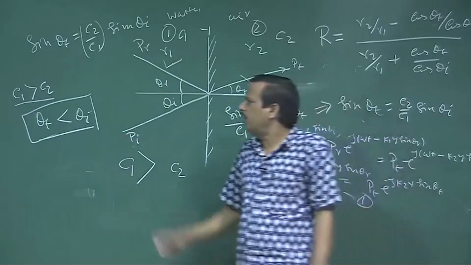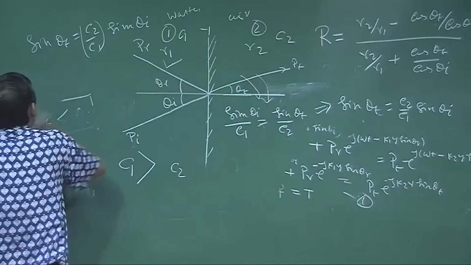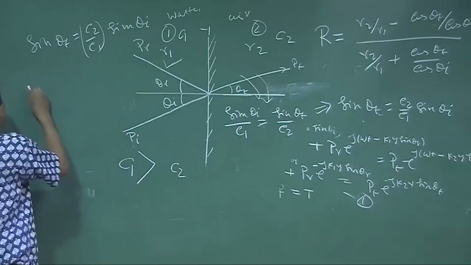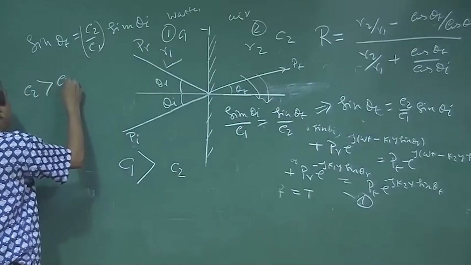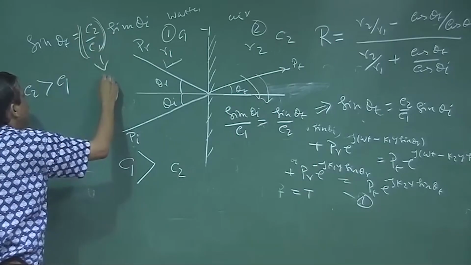Okay. Now the other case: if c2 is greater than c1, this ratio will always be greater than 1.